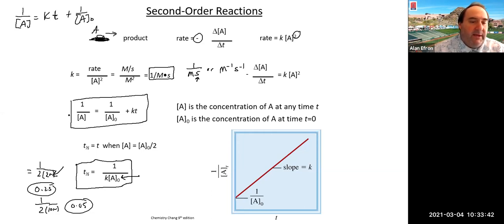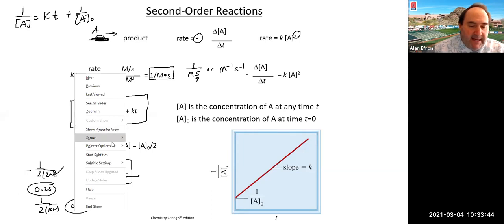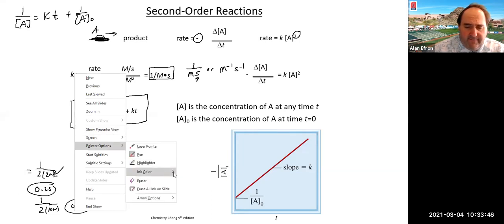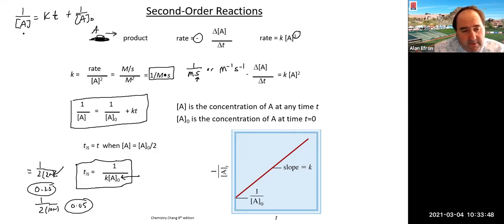And when you rearrange it such as that, that is writing it in the form of a straight line, where y is equal to mx plus b. So same theory as to what we normally see on the graph.